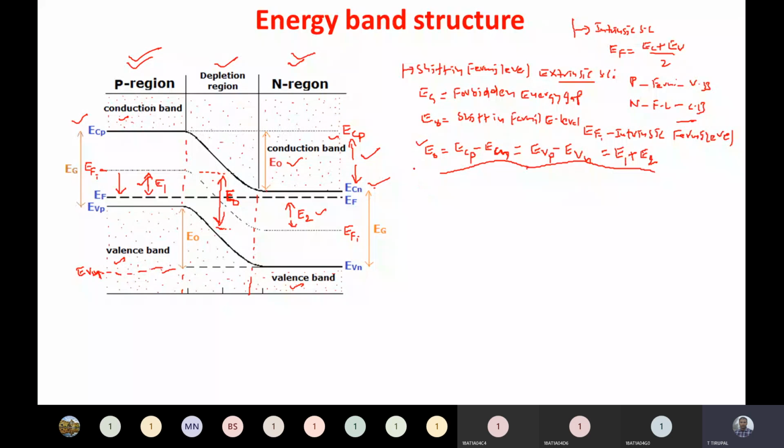The very important derivations. We have already studied in semiconductor physics the concentration of holes in a p-type semiconductor. What is the concentration of holes in a p-type semiconductor?